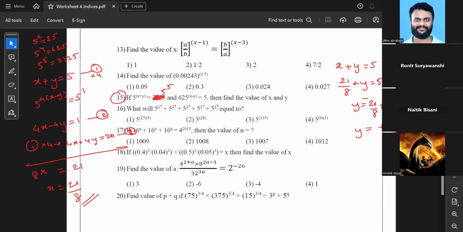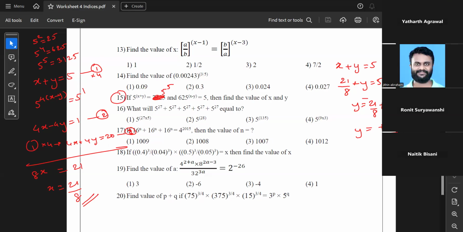How come you are doing y is equal to 21 by 8 plus 5? It should be 21 by 8 minus 5, right? No, it should be 5 minus 21 by 8. Hence, I've given a negative sign to the 21 by 8. Okay.